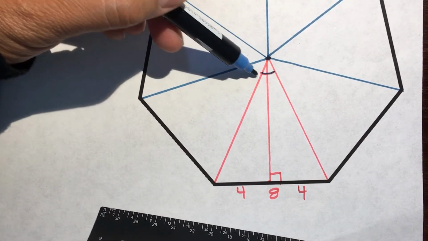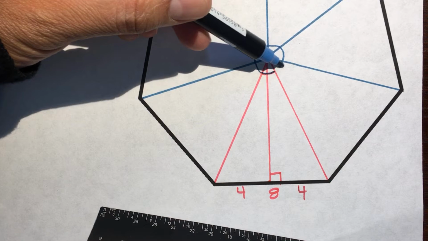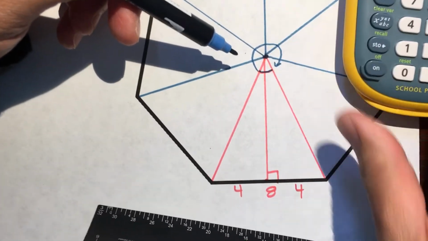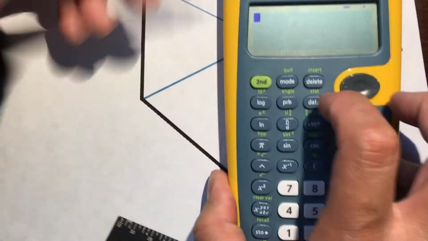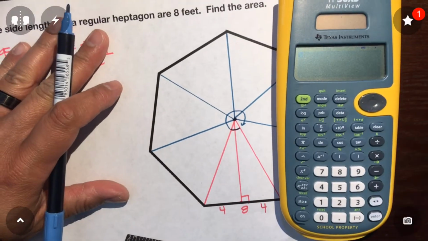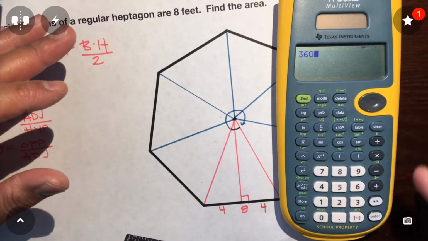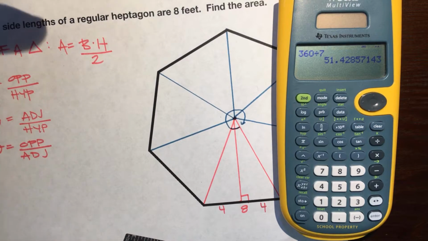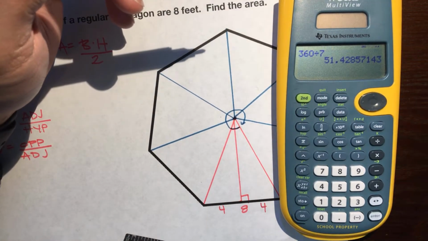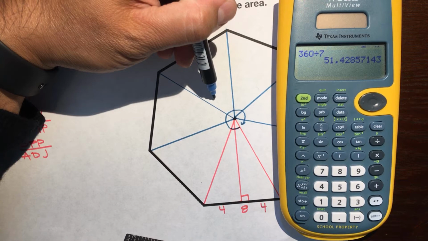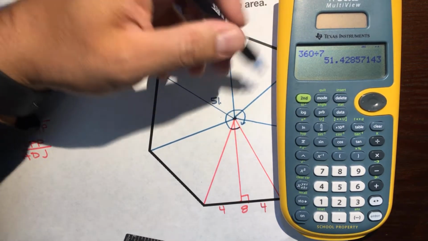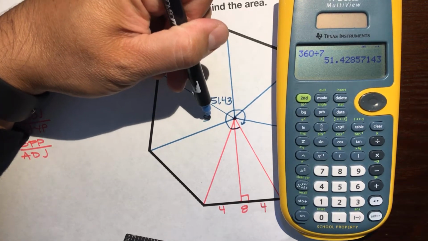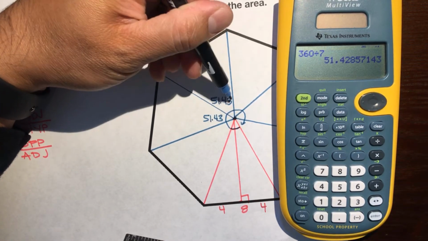If we remember, all the way around is 360 degrees, and all 7 of these angles are congruent. So I'm going to take my calculator and divide 360 by 7, and it might be a decimal. It's 51.42, I'm going to estimate it to 51.43, and all these angles are 51.43 degrees.